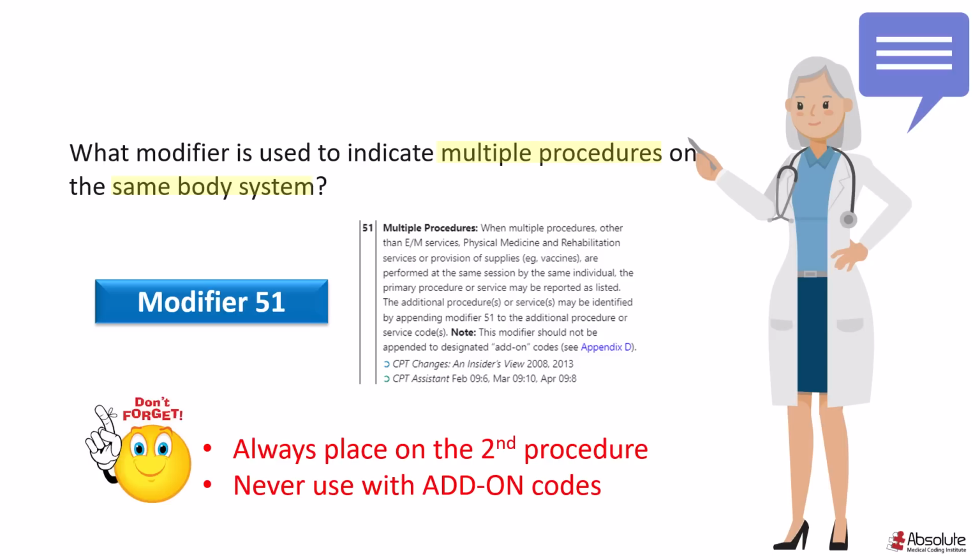You don't do it on the first because this modifier 51 actually reduces the payment. And if you put it on the first procedure, then that first procedure is often going to be your primary with the most cost associated. And if you do that, it will reduce that payment for the most cost. So the provider will get reduced payment.